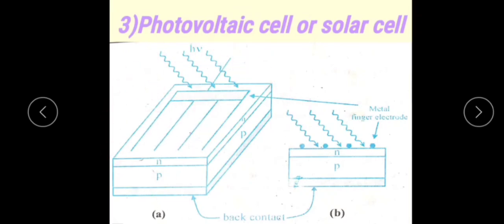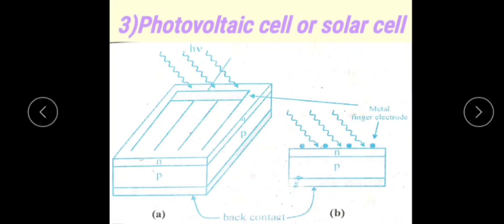According to the definition, a solar cell is basically a PN junction diode which generates voltage or EMF once radiation falls on the PN junction.